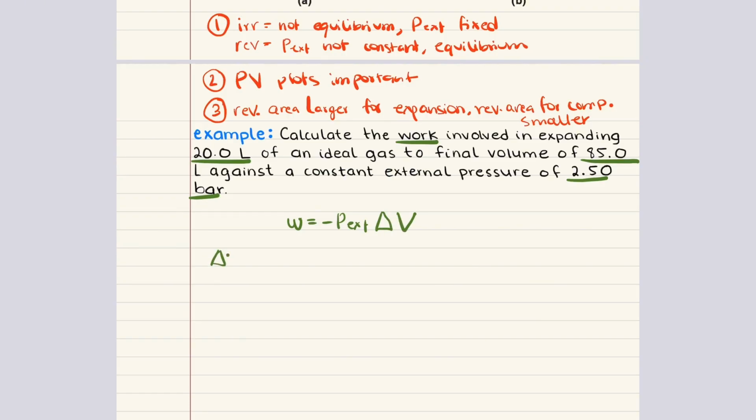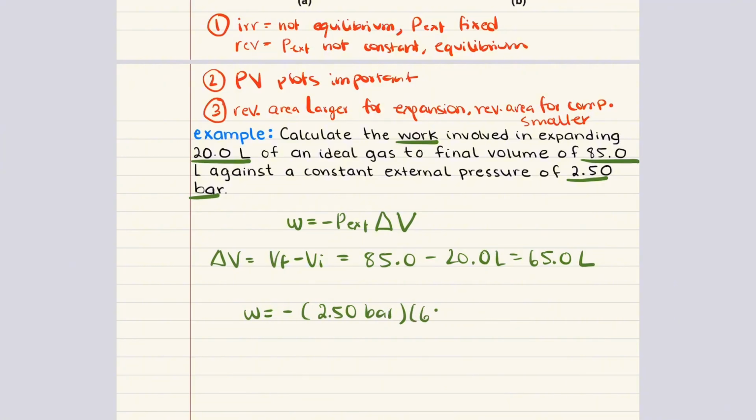Here, the change in volume is the final volume minus the initial volume. That's 85 liters minus 20 liters. That is equal to 65 liters. Now we substitute this into the equation for work. Work is equal to negative 2.5 bar multiplied by 65 liters.